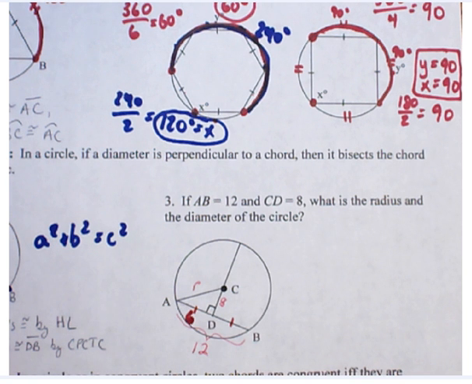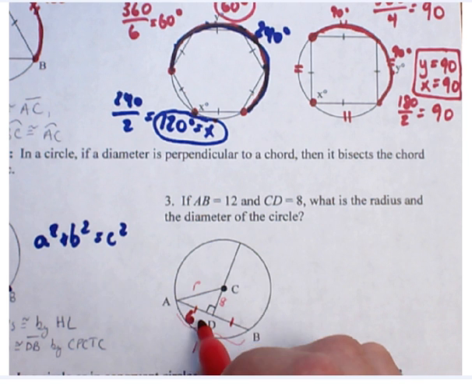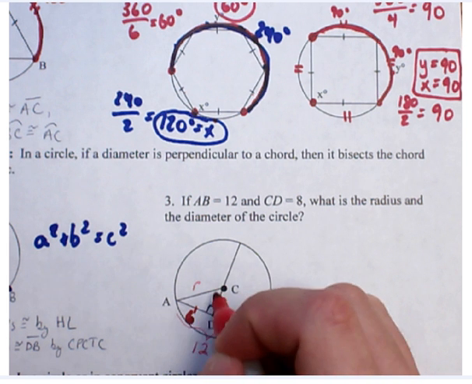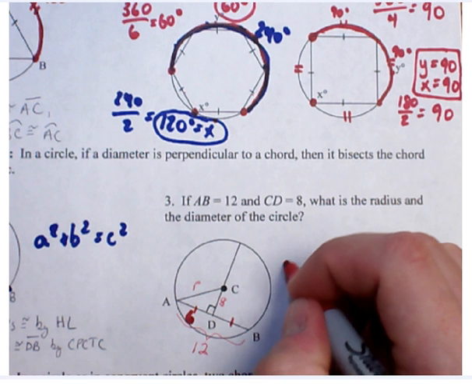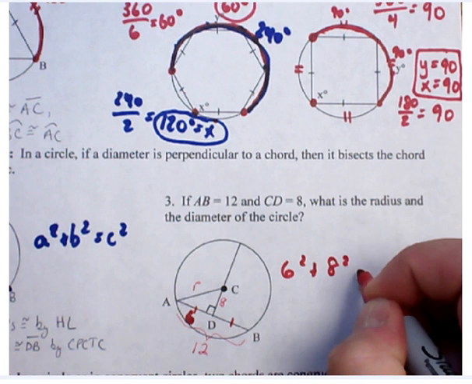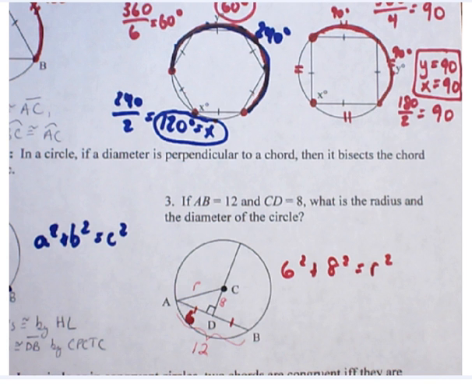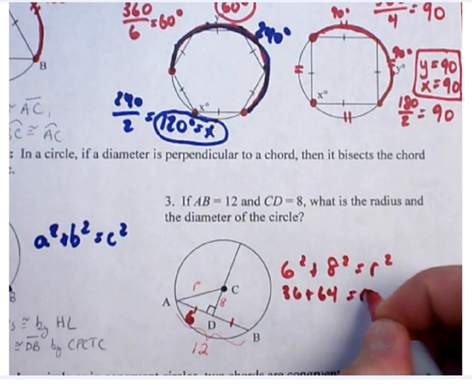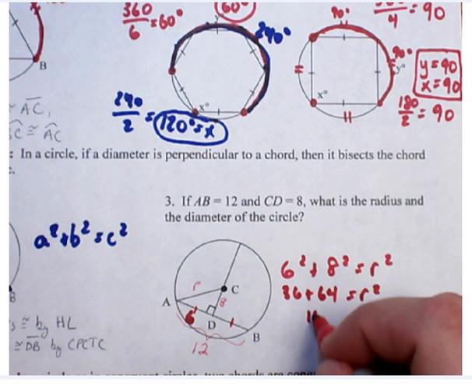And so now we can do the Pythagorean theorem. The hypotenuse is the radius, R, because it's opposite the 90. So 6 squared plus 8 squared equals R squared. 36 plus 64 is equal to R squared. That adds up to 100.